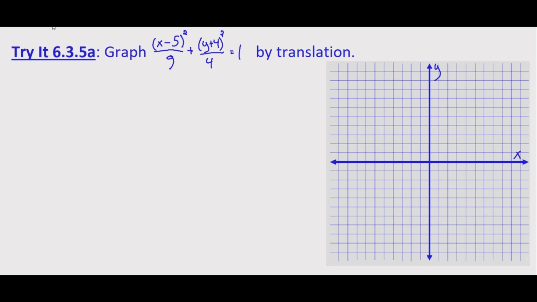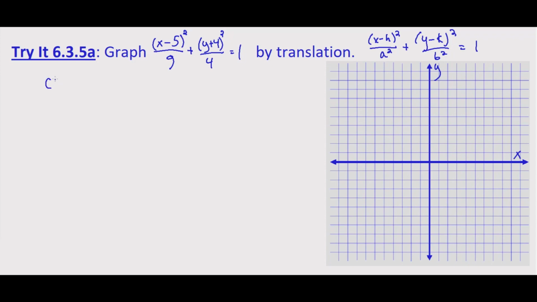let's look at our a and b. So again, remember we're looking at the form (x minus h) squared over a squared plus (y minus k) squared over b squared equals 1. So the a and b are going to be the same regardless of whether it's centered at the origin or somewhere else.